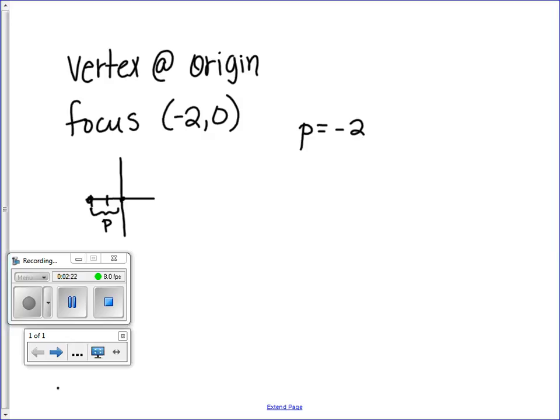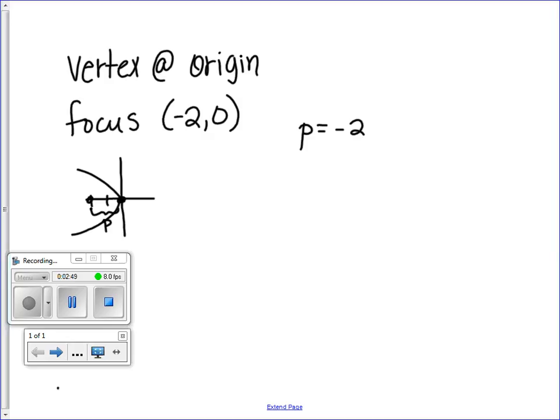Why is y being squared? Remember, the parabola opens with the focus in the middle of it. So here's the vertex, here's the focus. It's going to open this way, right?